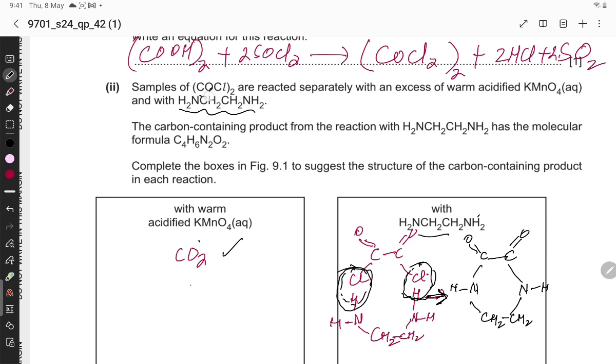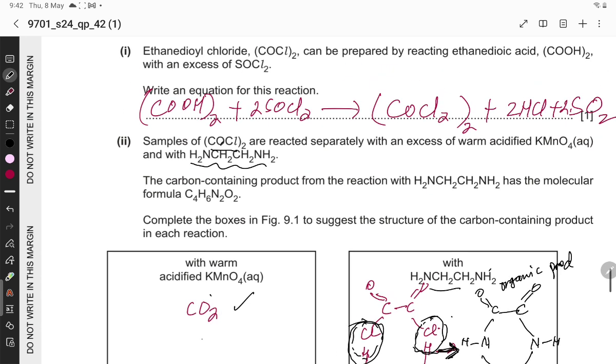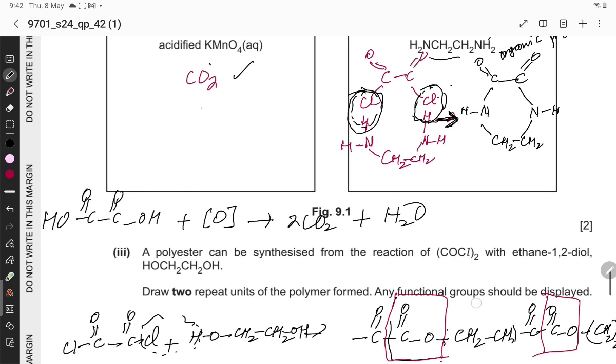And when this compound, COCl2, reacts with this compound, 1,2-diamine, ethane diamine, this is the organic product of the reaction with 1,2-ethane diamine when reacted with acidified potassium manganate.